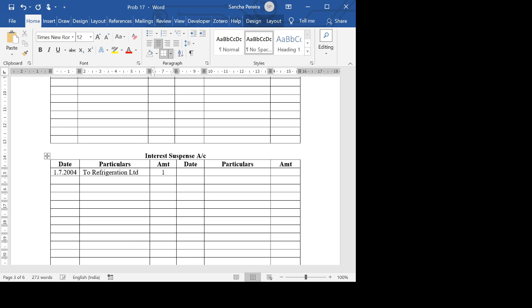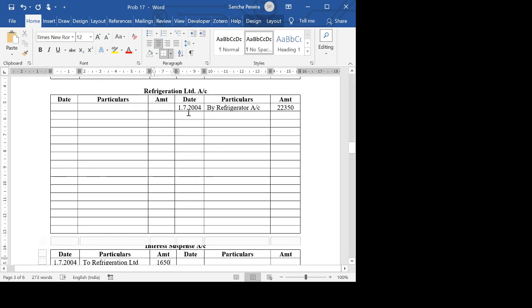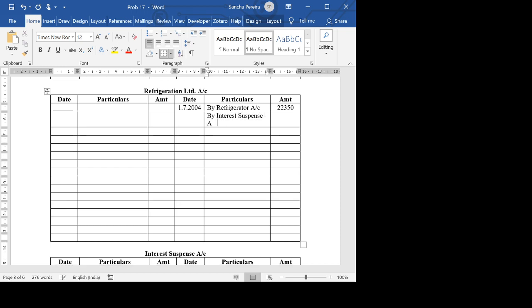The total interest is 1650, and if we say to refrigeration, here we will have it as on the same date by interest suspense account, which will be 1650.